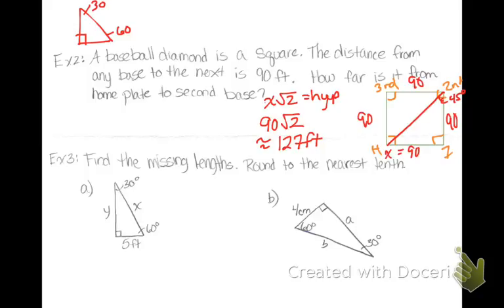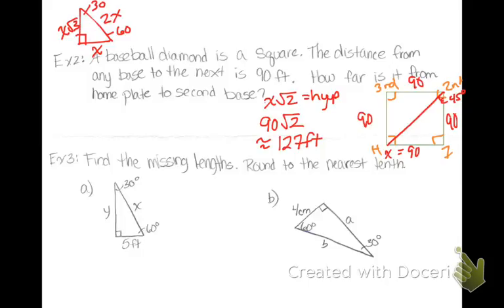Opposite 30 is x. Opposite 60 is x square root of 3, and opposite 90 is 2x. This time we have to find two formulas.